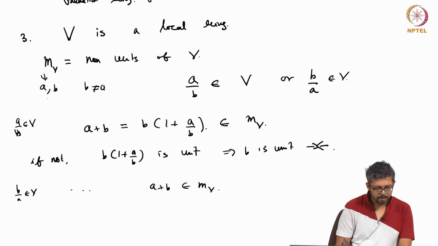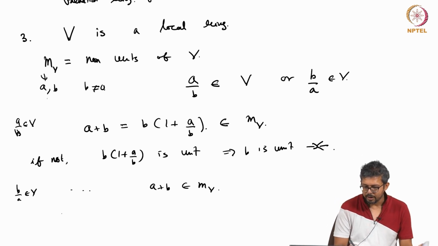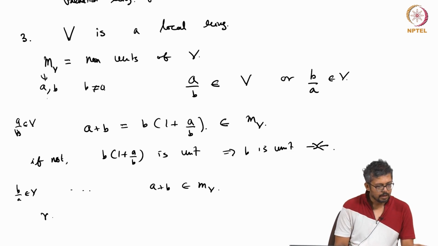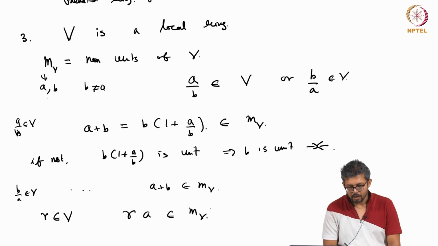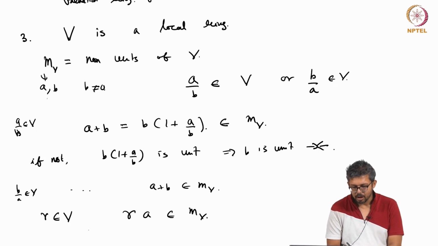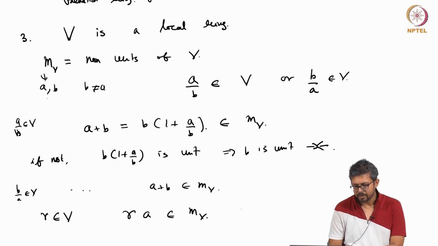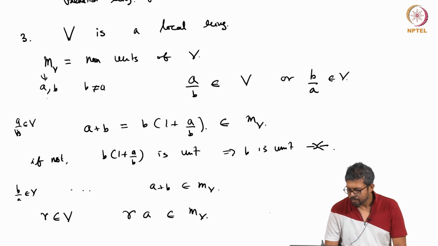Now what you have to prove is that if I take any element R in V, then R times A belongs to MV. But that is obvious, because if it is a unit, then that will say that A again is a unit. So, this is obvious.